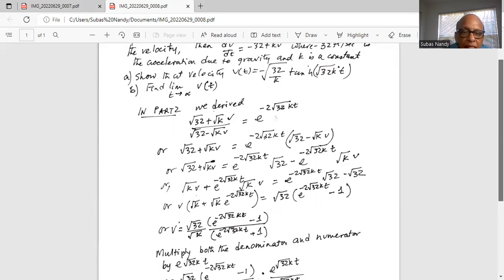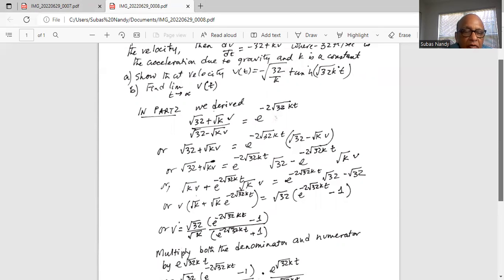Okay, so basically we are solving for v, so we will divide both sides by square root of k plus square root of k times e raised to the power of minus 2 square root of 32k t. Okay, and if we take square root of k outside the parenthesis on the left hand side, we have square root of k times 1 plus e raised to the power of minus 2 square root of 32k t.